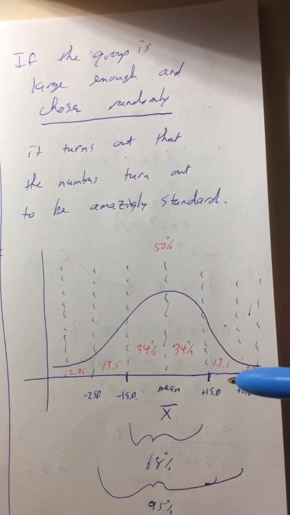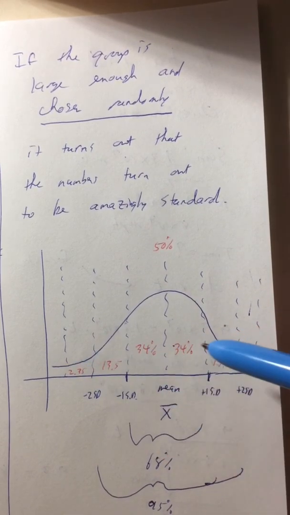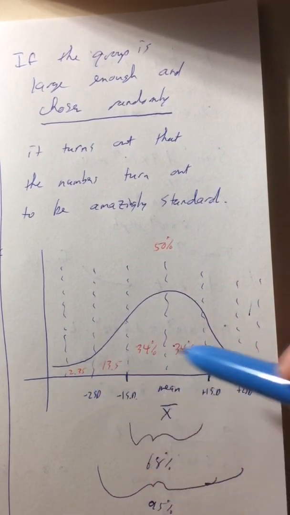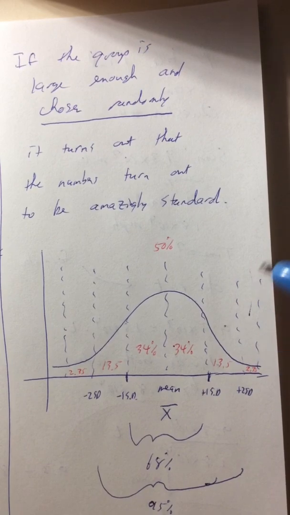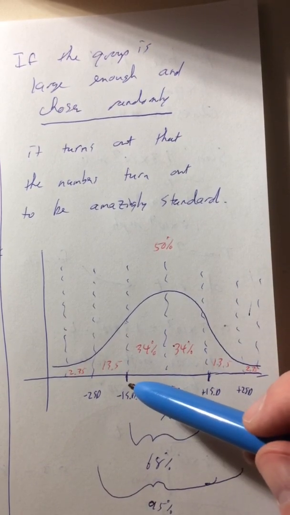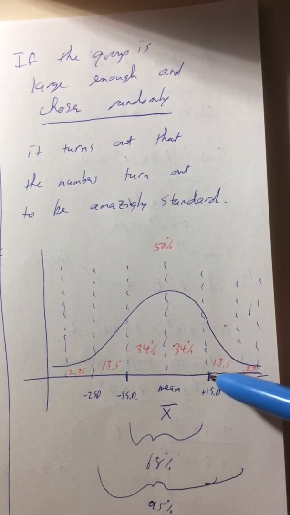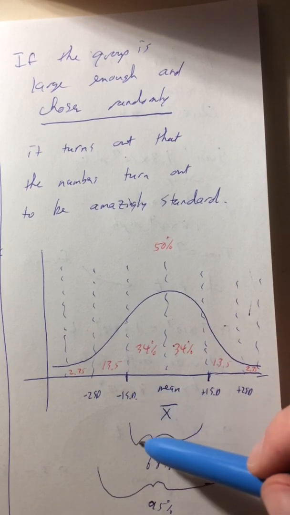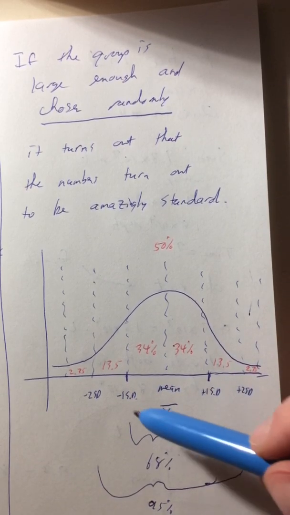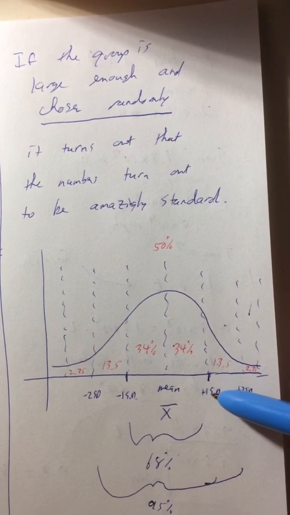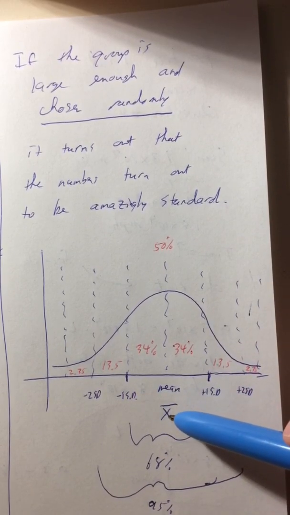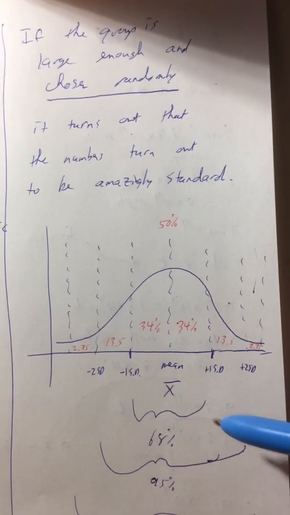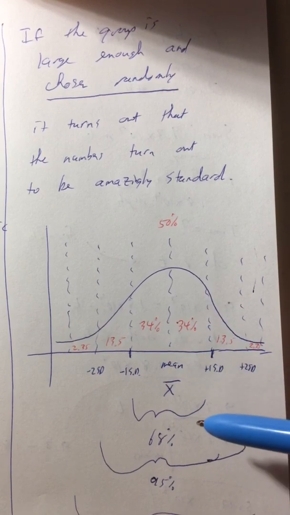Okay, so as we've seen these percentages here, we can expand them out a little bit and say the percentage of the population or a group that is within 1 standard deviation, +1 or -1, of the middle, the mean, is, add them up, 68%.